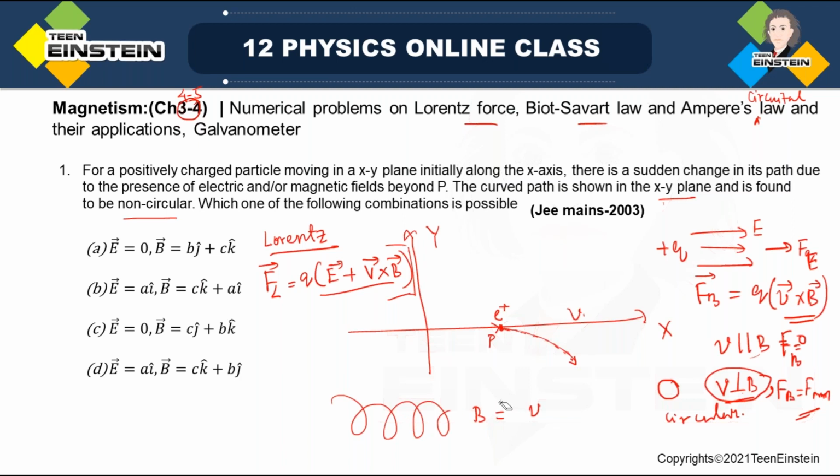So we can see there are two conditions for having a non-circular path, as I have discussed.